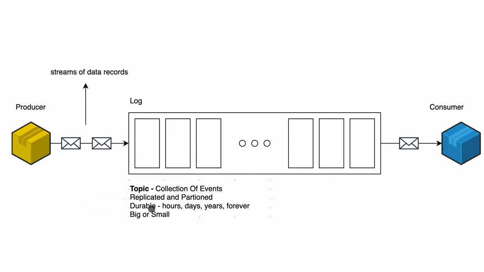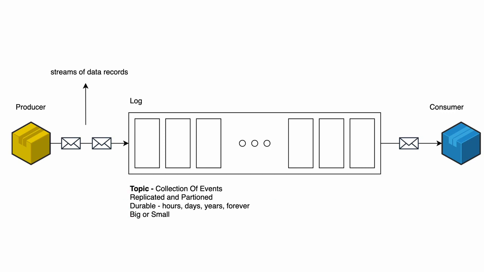As I said, it's durable, so you can store it for hours, days, years, or even forever. And there is nothing that says how big or small these topics can be. So there's no limit. You have to decide what you want to store, and you can have really, really big topics or tiny topics.